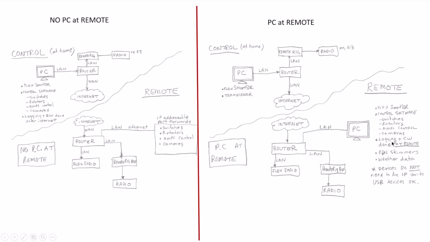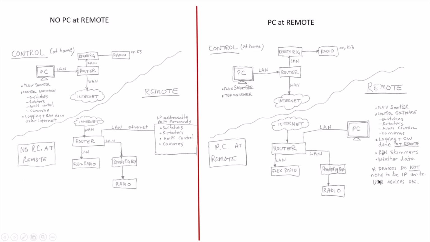The difference here is that any devices that are connected do not need to be IP addressable units. In other words, you can have USB devices that can be connected directly to the PC.